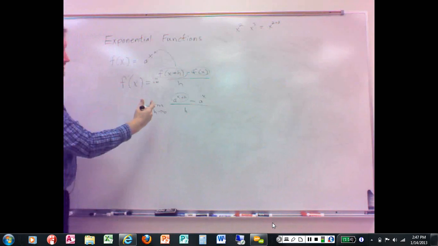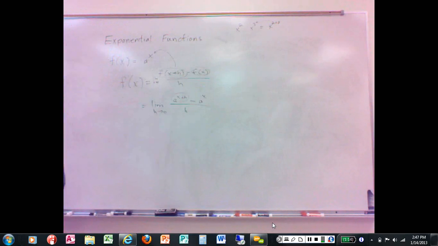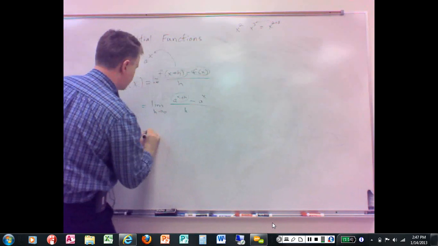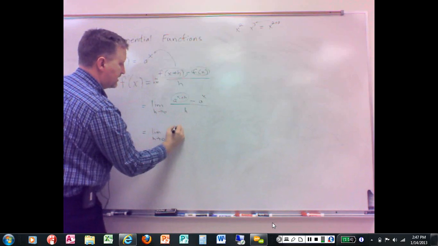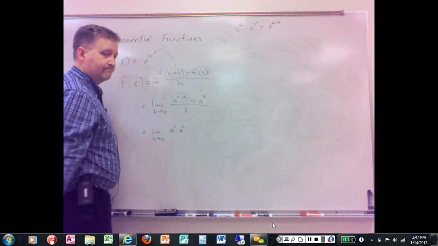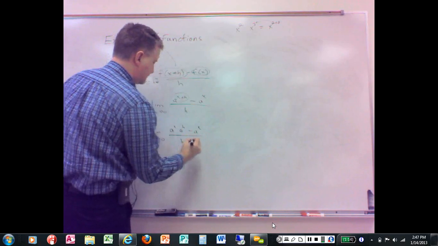I'm going to go the opposite here. This is the plus, so can I break it up? I can break that up. So this is going to be the limit as h approaches 0 of a to the x times a to the h, with me? And then we have minus a to the x over h.